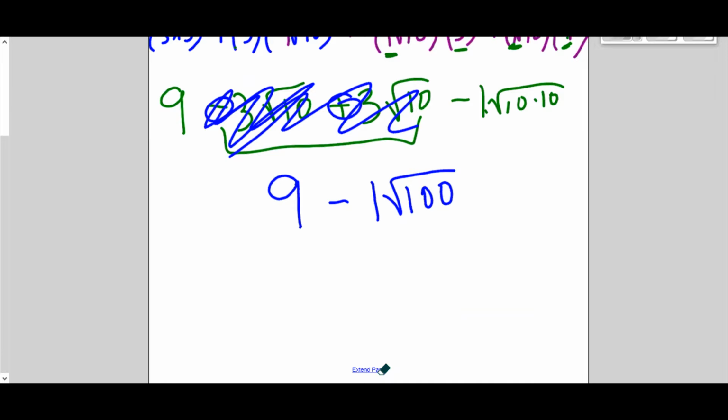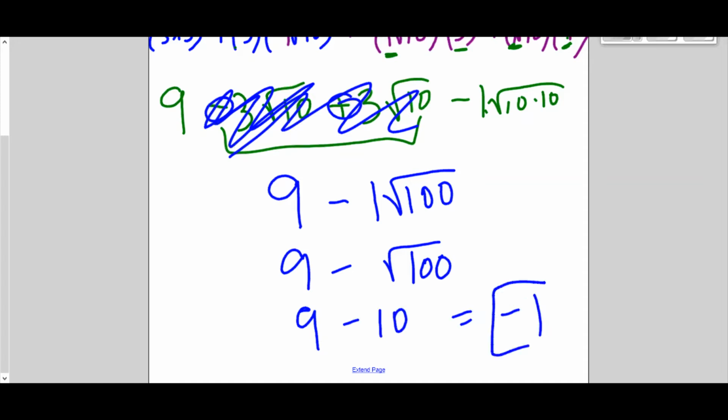And we could just say 9 minus the square root of 100 if you really wanted to. But what's the square root of 100? We know that. It's 10. So this is 9 minus 10, which is negative 1. So the nice result is that there's no square roots left when you multiply a square root by its conjugate.